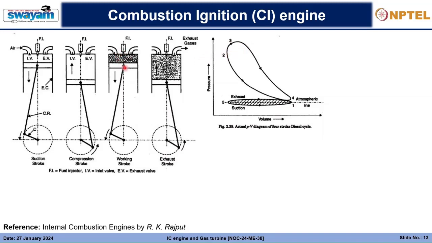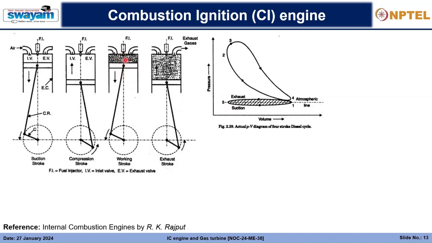In spark ignition, everything will ignite at a very large pace, and it will create a huge pressure build up. But here the pressure remains almost constant, because although the gaseous components are being formed in this combustion region, to accommodate the gaseous components the piston is also moving downwards.